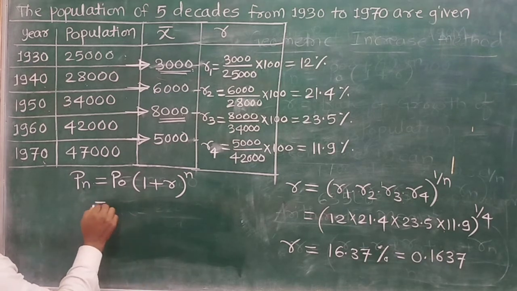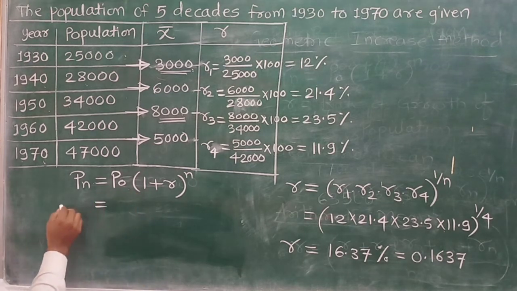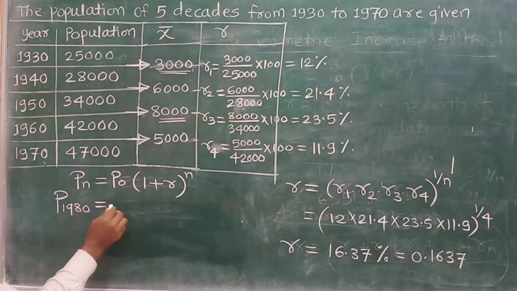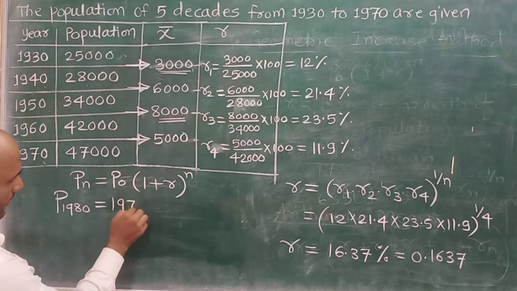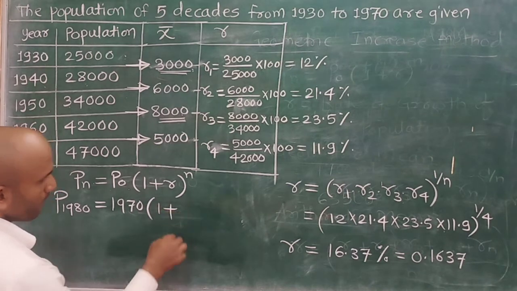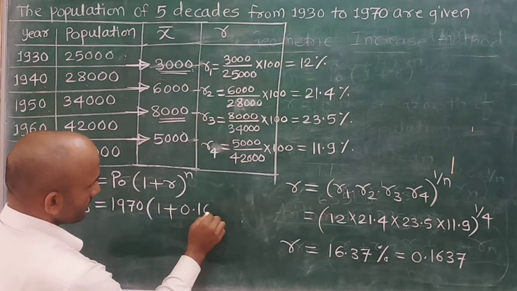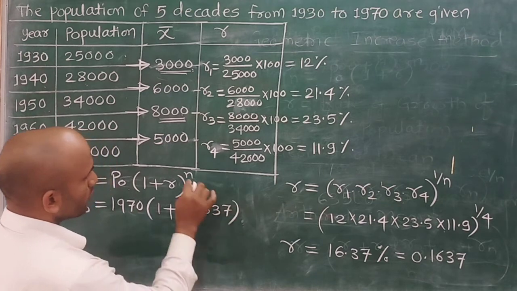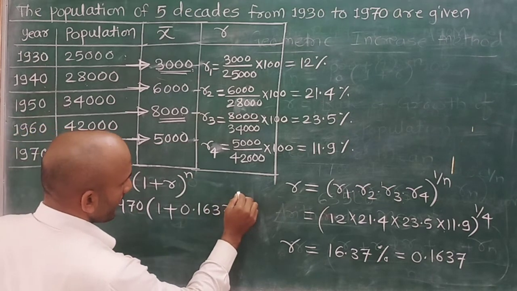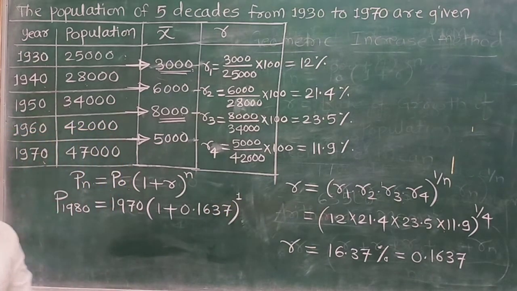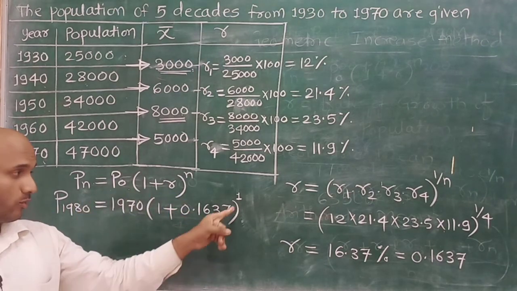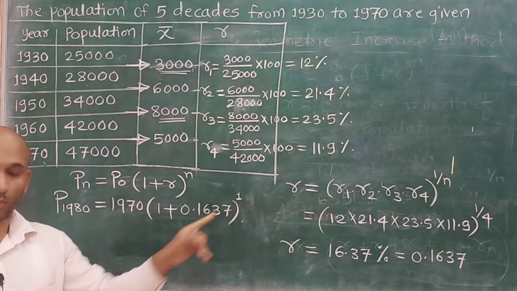So P naught is the latest known population. So population after 1 decade, that is 1980, P naught will be 1970 in bracket 1 plus the value of R, it is 0.1637 raised to power n, where n is the number of decades. So only 1 decade is there. So put the value of n equal to 1.